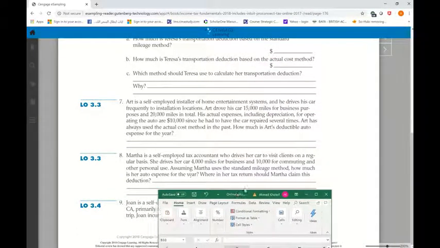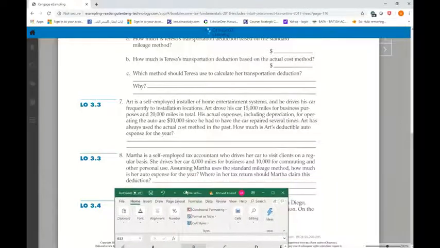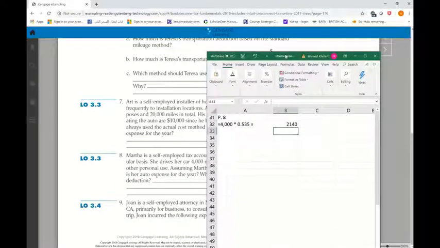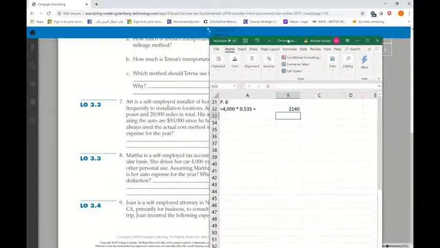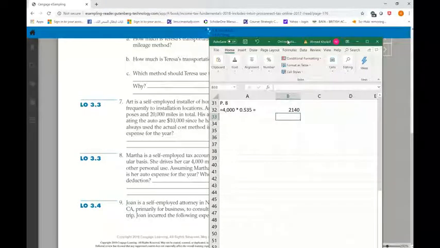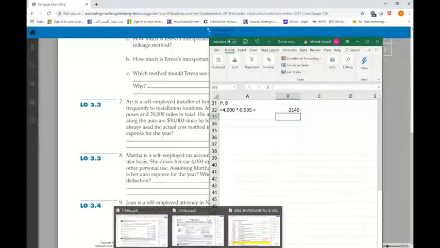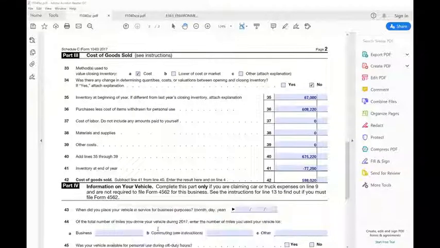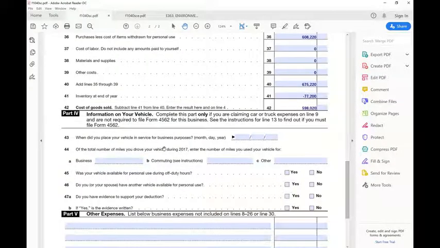And where in her tax return should Martha claim this deduction? Okay, this deduction should be claimed on Schedule C. Remember here on Schedule C, we have this section, Part IV, about information related to the vehicle.